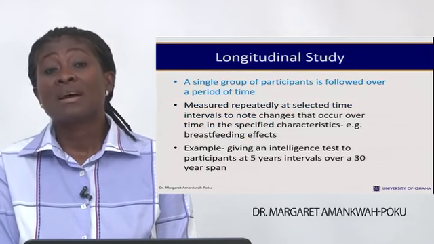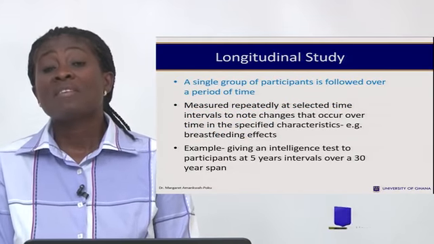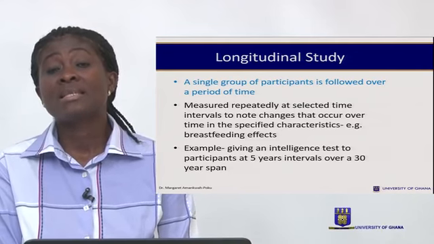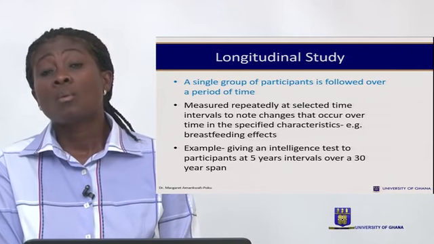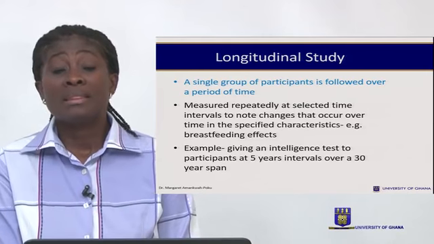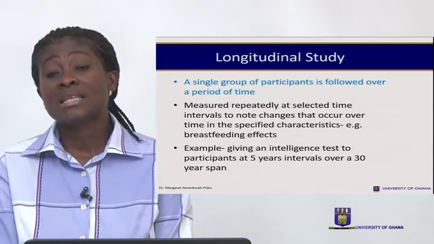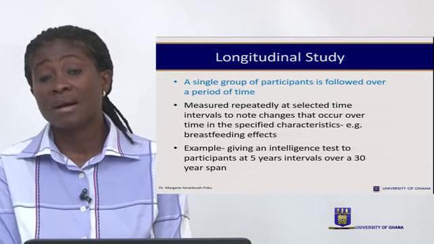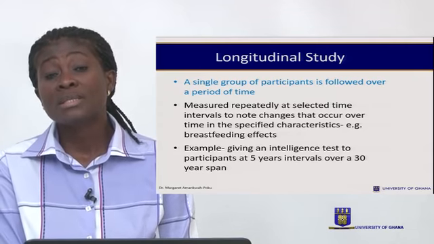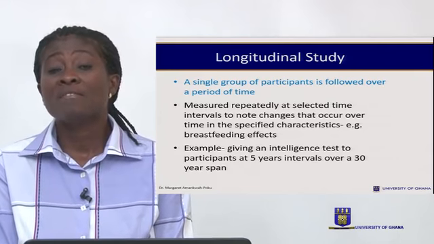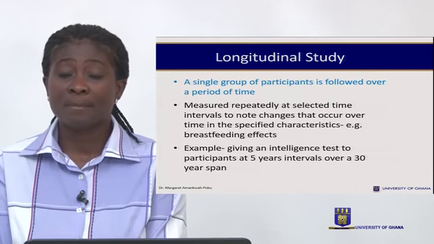So you study them over 30 years. So whatever variable you are interested in investigating, you would measure that behavior when the children are 10 years, when they are 15 years, 20 years, etc. So using 5 years intervals. So it's the same group of participants you are investigating over a period of time.